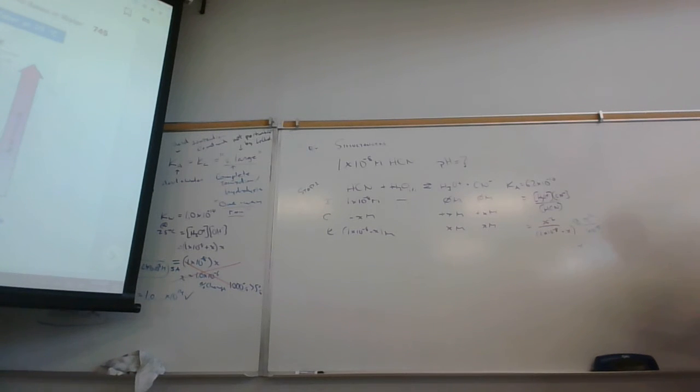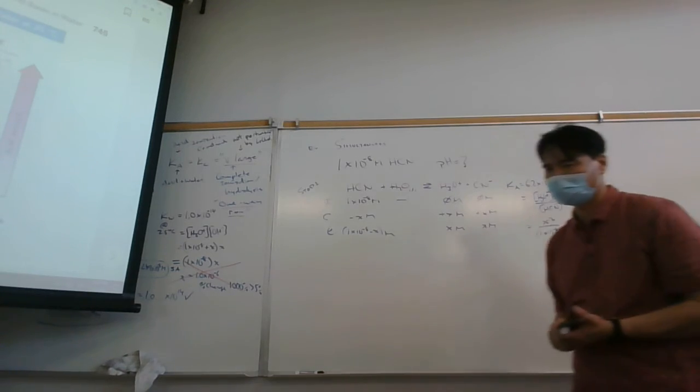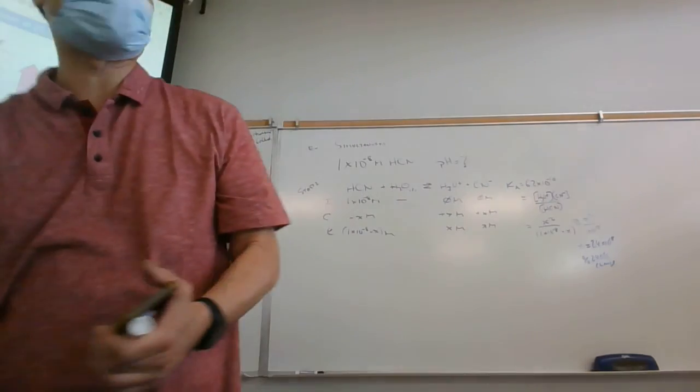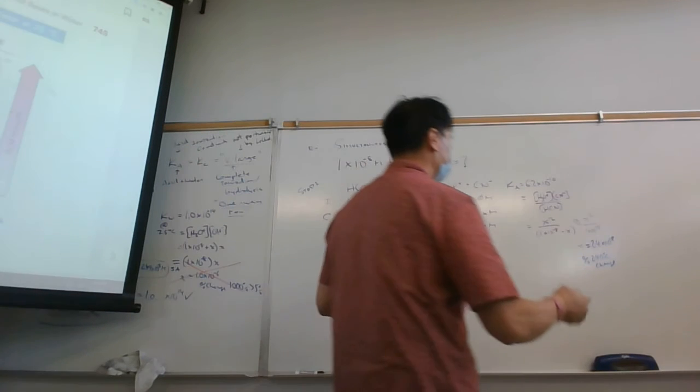I'm going to have 2.4 times 10 to the minus 8. Which is going to be a 240% change. 240% change is much larger than 5%, so this is not going to work for us.